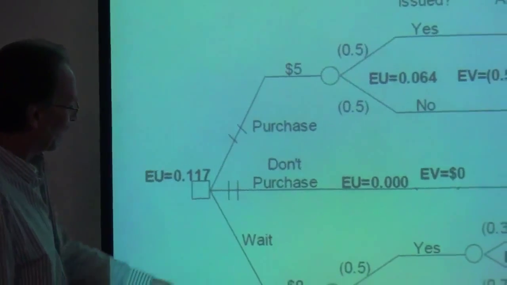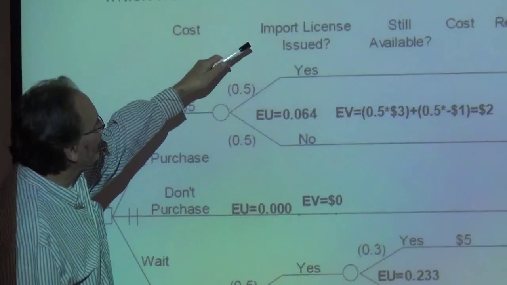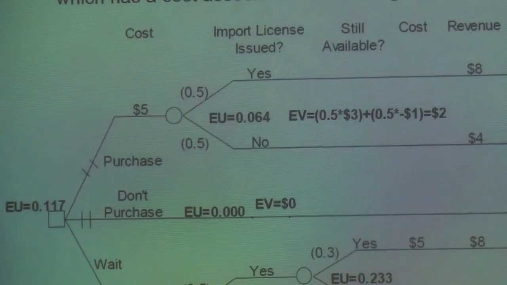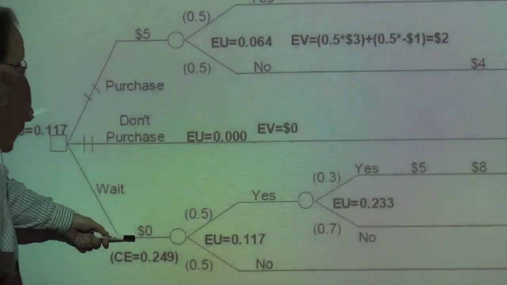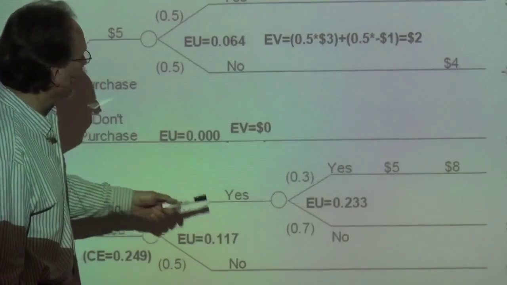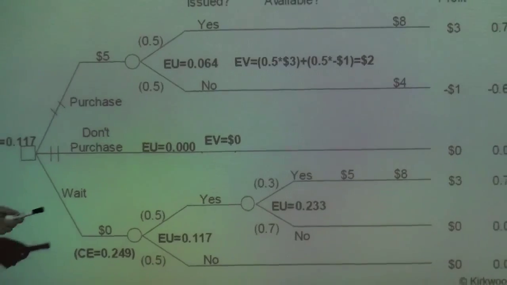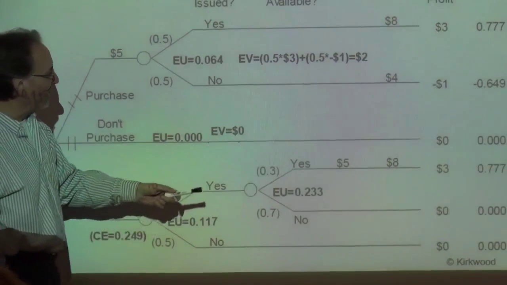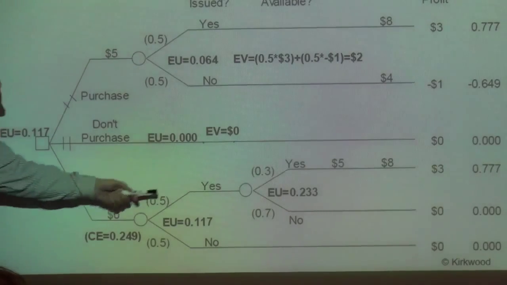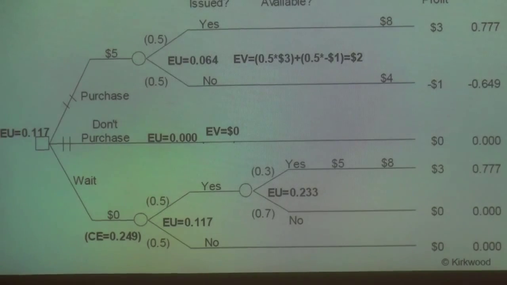Or we wait, it costs us $0 right now, and then the import license is issued. Here we buy it up front, whether it's been issued or not. Here we wait to see whether it's been issued, and then pay for it afterwards. And so this is a more conservative approach, to wait to see whether it's possible to get it.